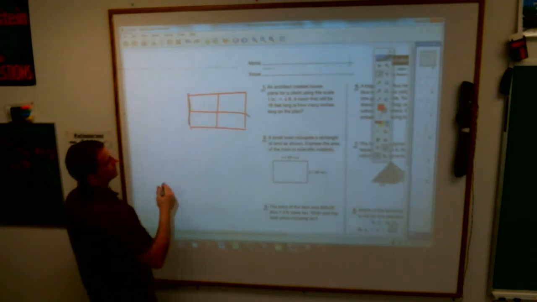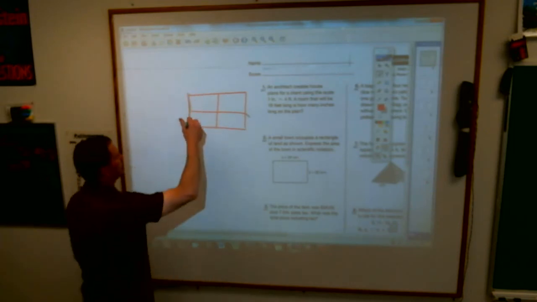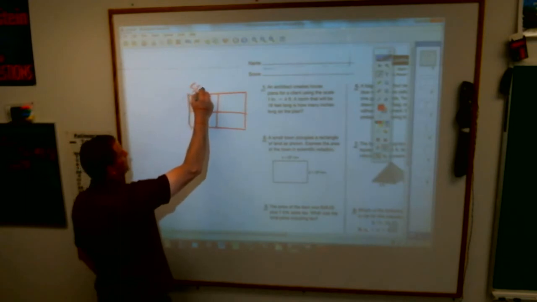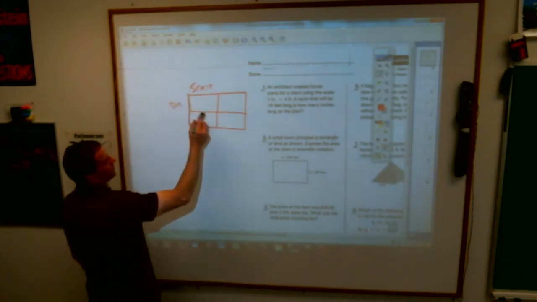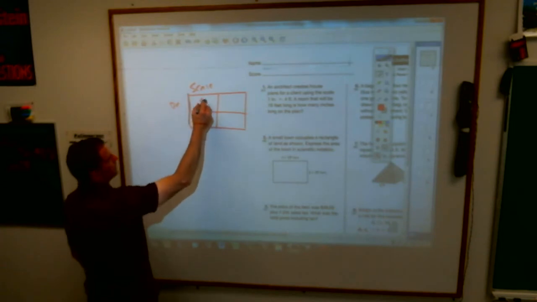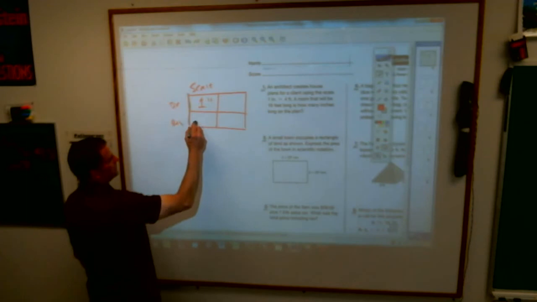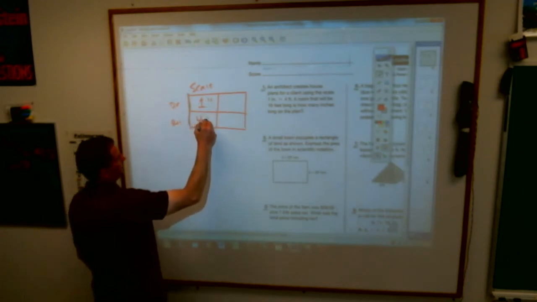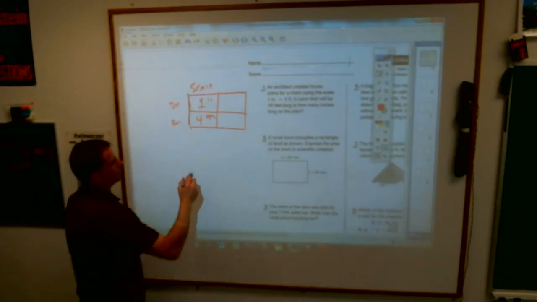It doesn't really matter too much how you do this. I would label the box, really do this to scale. On the drawing, 1 inch, and make sure you put the labels down there. So the real thing is 4 feet. That's my scale.